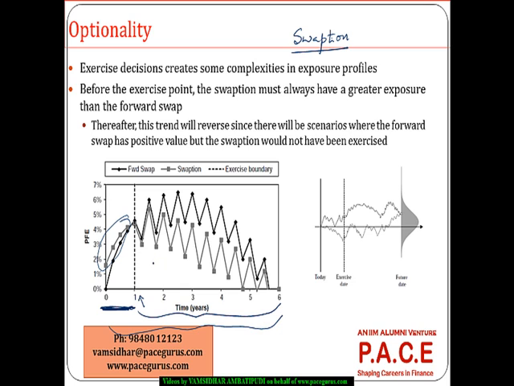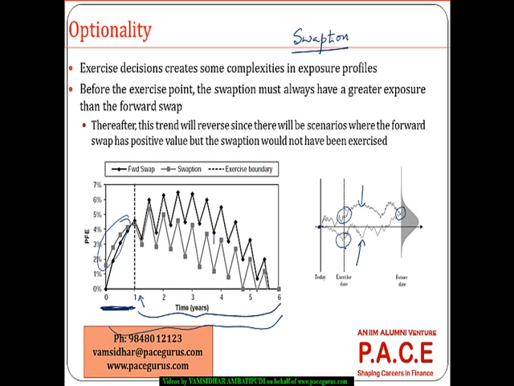Because there could be, in some scenarios, probably here if you look at it, okay, let's say this is today's price. Now I am looking at trying to model the different possibilities of future exposure. Now there could be some possibility that this is the exposure in the future, but the one path that it may take is this, one path it may take is this. Now if it has taken this path, probably it would have got exercised. But if it has taken this path, there is a good chance that the option would not have got exercised.